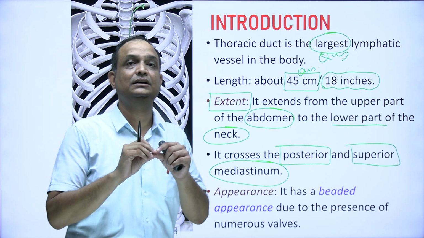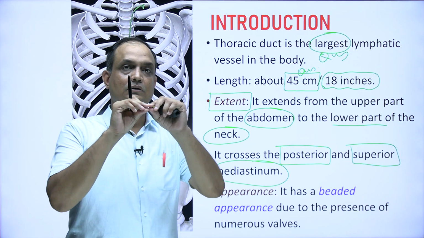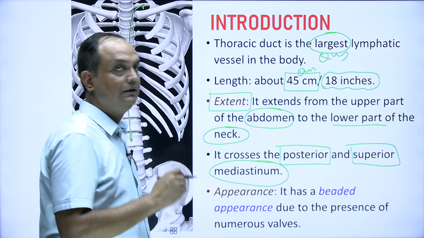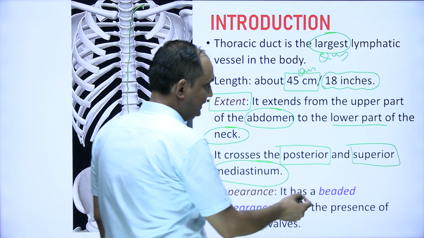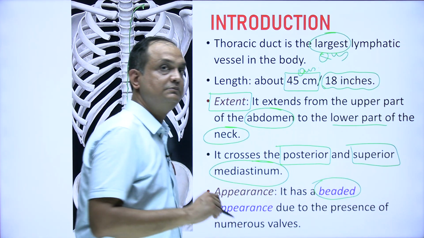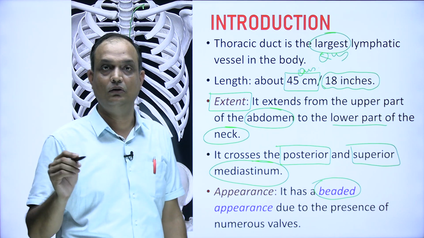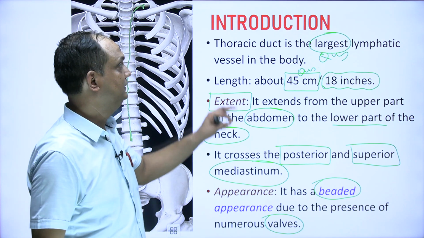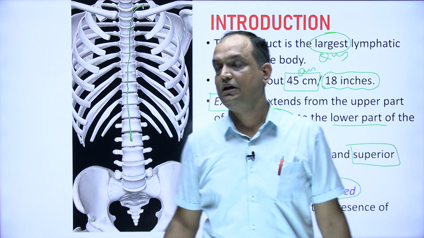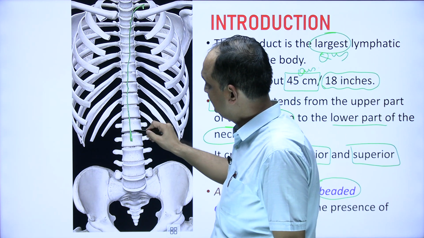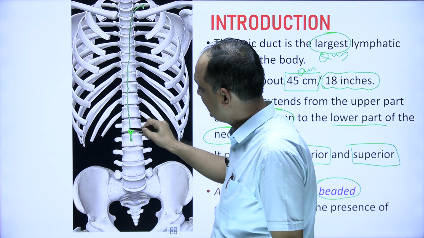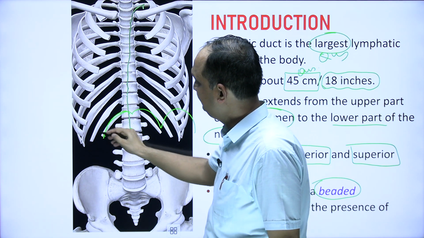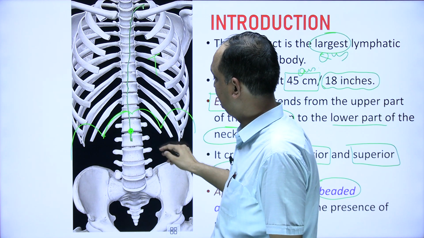Just like you have multiple motis with a pearl-like appearance, that pearl-like appearance is the beaded appearance, and this beaded appearance is because of the presence of valves, which are semilunar in nature, present in the thoracic duct. So, in this image you can see the thoracic duct starting in the abdomen, because you have the diaphragm here, and this diaphragm divides the thoracic cavity from the abdomen.